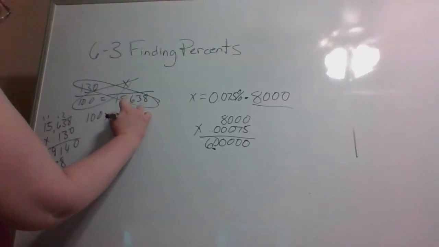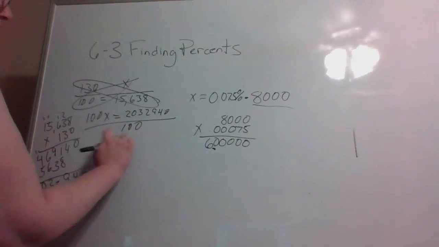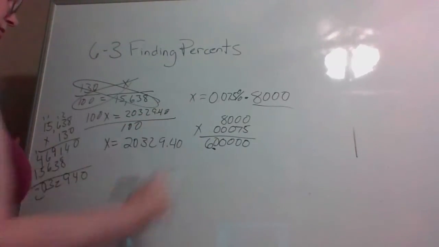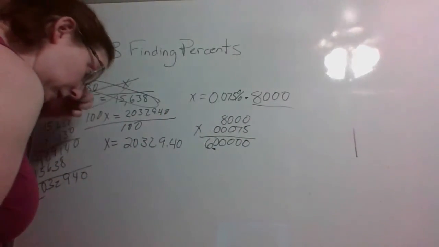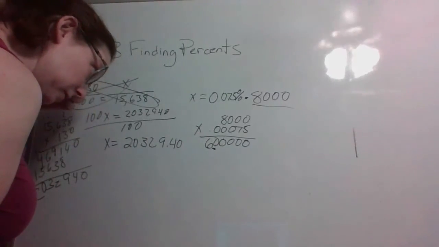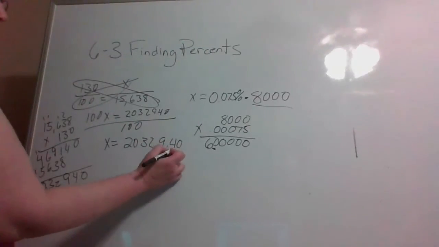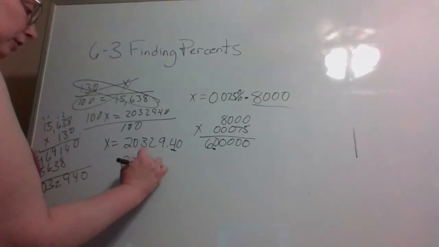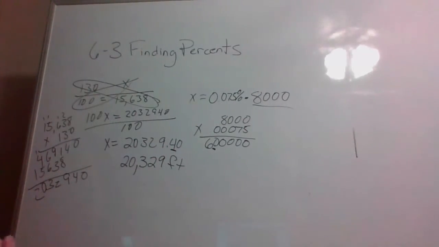Now I'm dividing by 100. So I would get feet, I think this is. Oh, and I'm supposed to go to the nearest foot, so this 4 would tell the 9 to just stay the same. So our final answer here would be 20,329 feet.